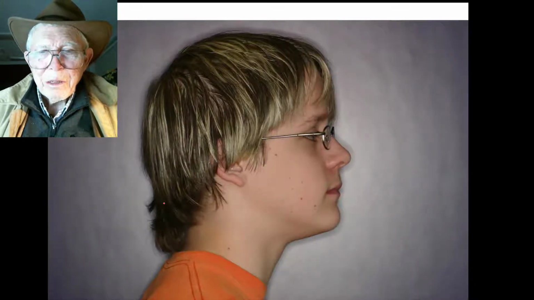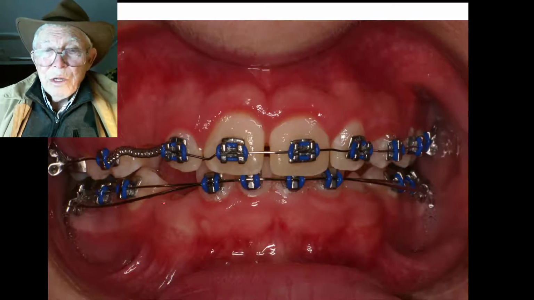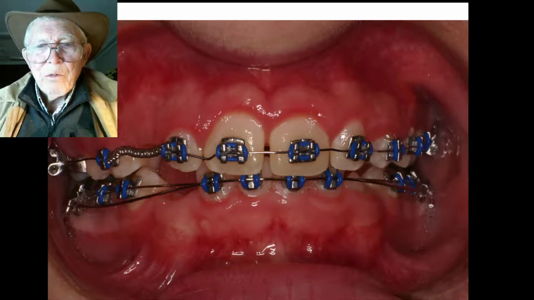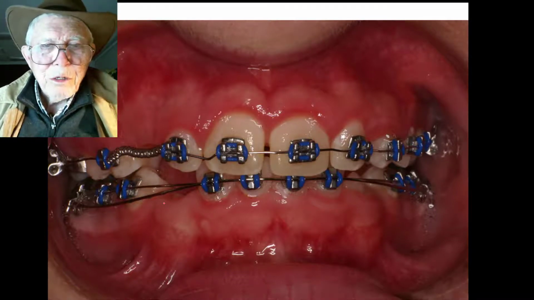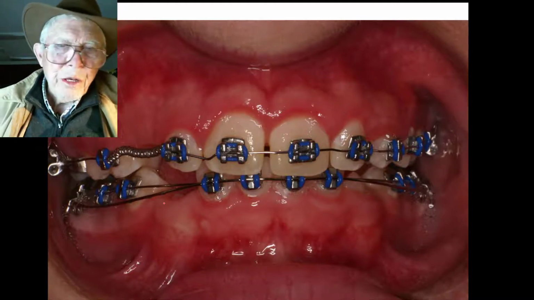So here's our young man a little later on, and we're looking at it, and everything looks good. And so we have started to do this, and I want to come in and show you the tooth movement that we're doing right here.